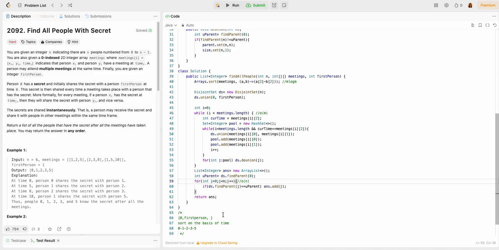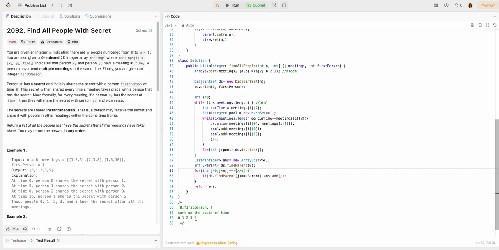So at the end of the day, the ultimate time complexity will be m log m plus n. In front of m log m, you can just ignore m. So at the end of the day, it will be n plus m log m. That's it. This will be the time complexity.